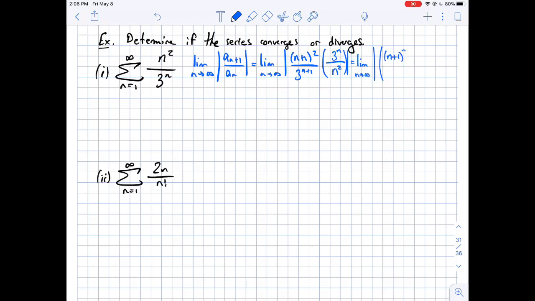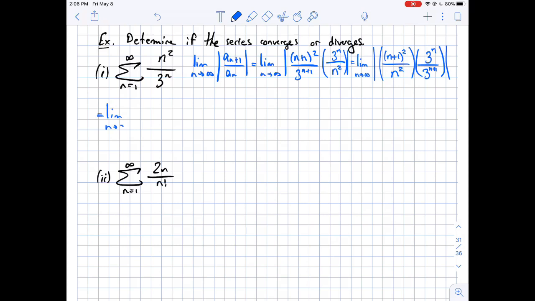So what I mean by that is that in the numerator I have (n plus 1) squared, and in the denominator I can pair that with its corresponding term n squared. And then I can do the same thing with my 3 to the power of n divided by 3 to the power of n plus 1. Okay, so we just rewrite it a little bit. We group those together.